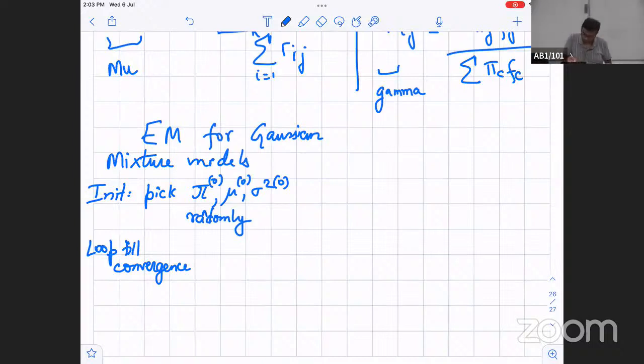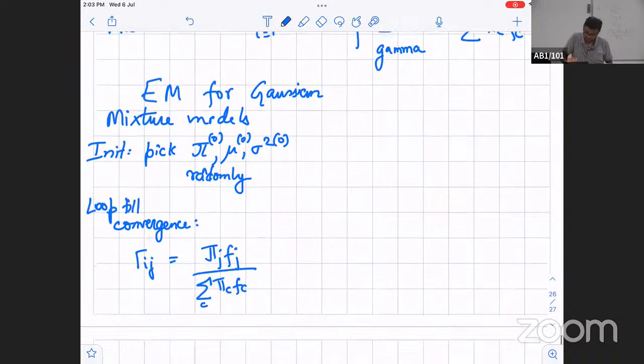So what will you do? You will compute gamma ij. Gamma ij is pi j f j divided by the summation of pi c f c, summed over all c. This is step t plus 1, so you will use whatever is available in step t.